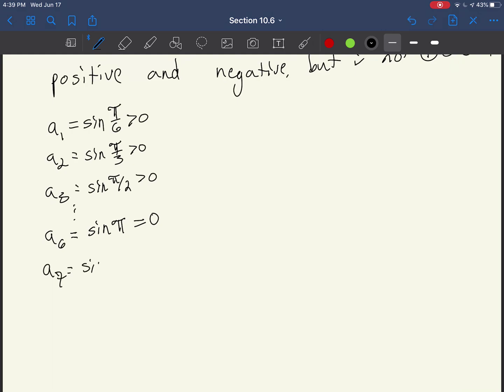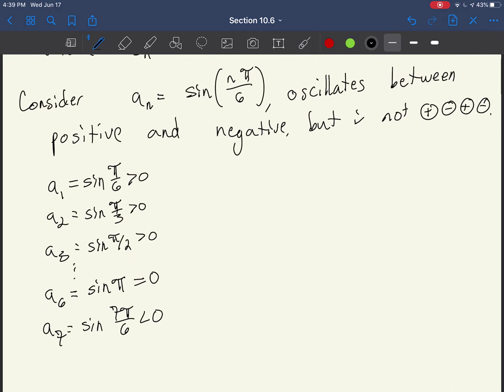And then a7 is sine of 7 pi over 6, which is negative. So really, it has 5 positive values, a 0, and it's going to have 5 negative values, and then 0, and it's going to repeat that pattern.